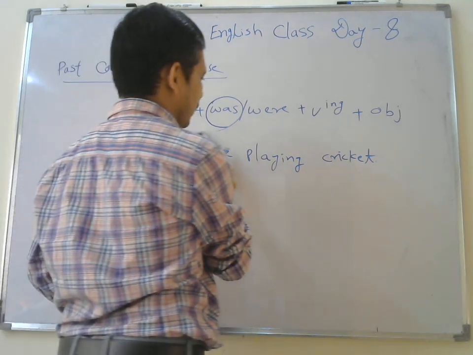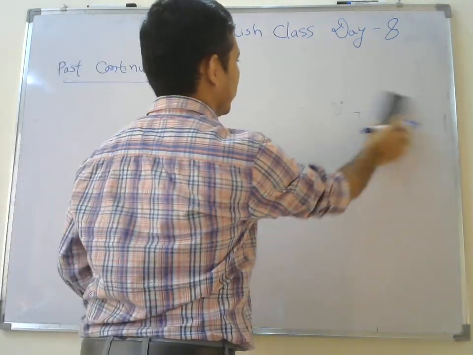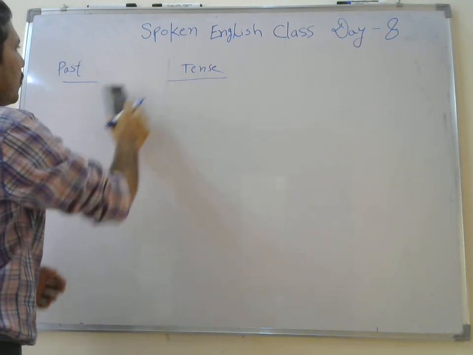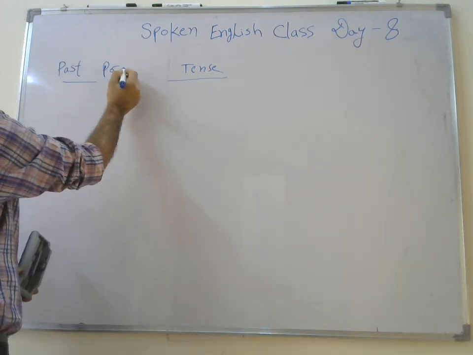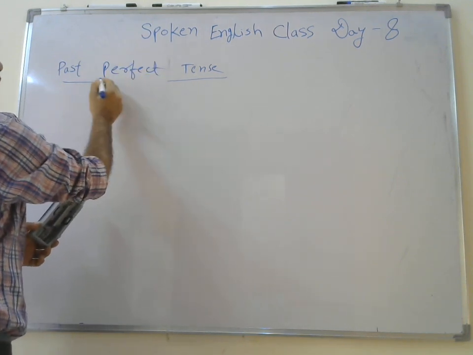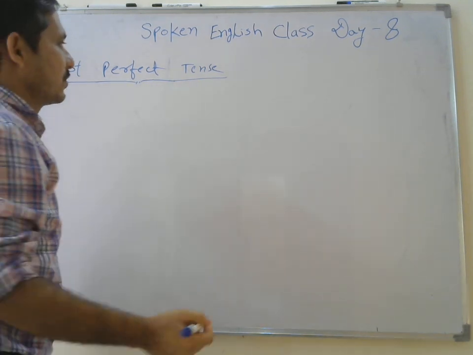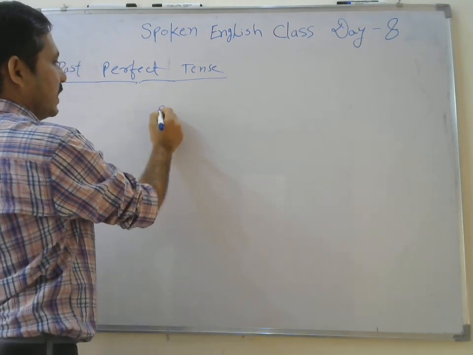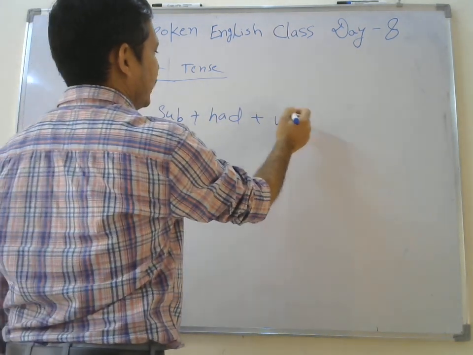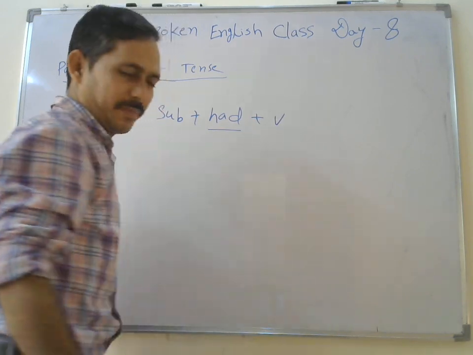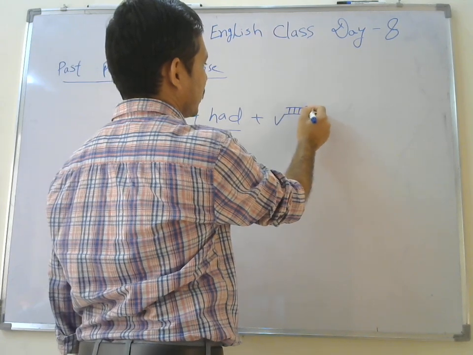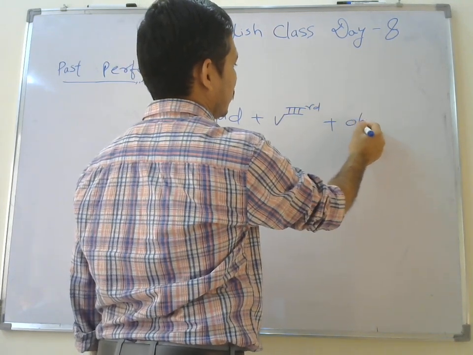Then we have completed your past perfect tense also. The structure was: only one helping verb, subject plus had, and the verb third form will be used, plus object.